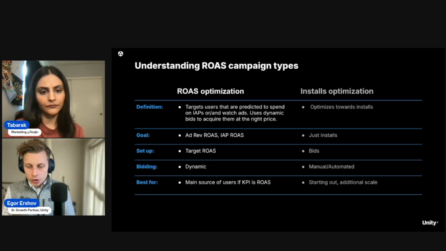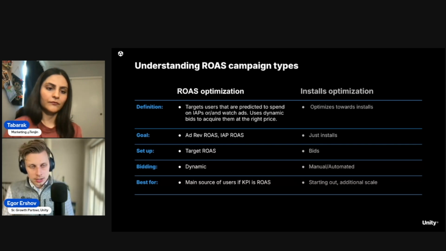So, in order to interconnect all those things together, you're using your mobile measurement partner, so Tangent, for example, and you're providing Unity with the data on how your audience in your game actually makes purchases, how they are watching the ads, how much revenue they generate for you.